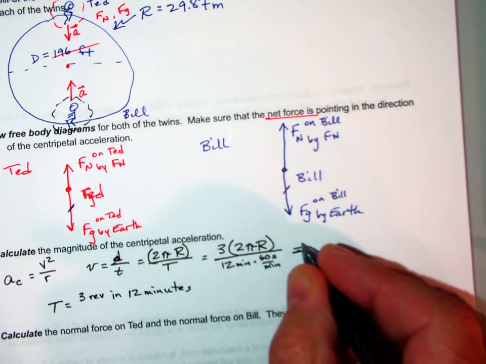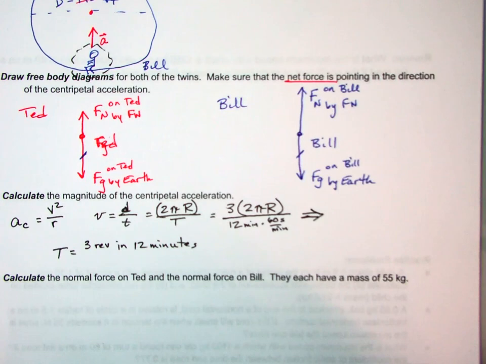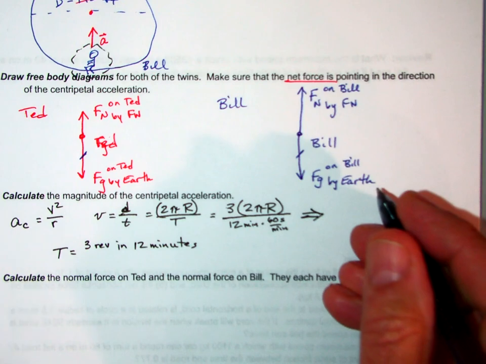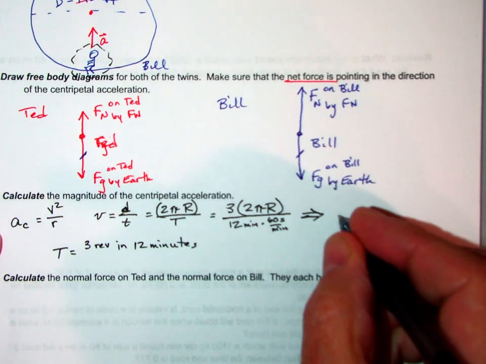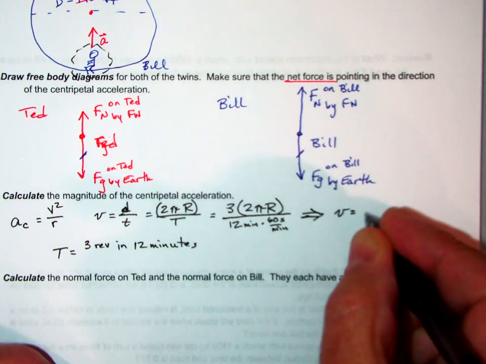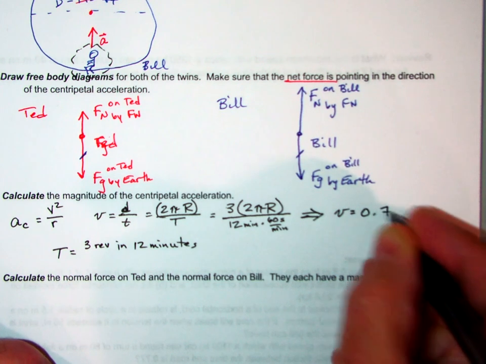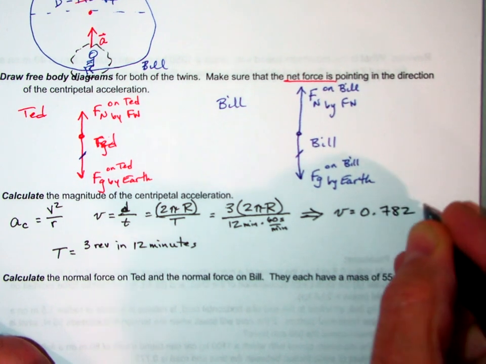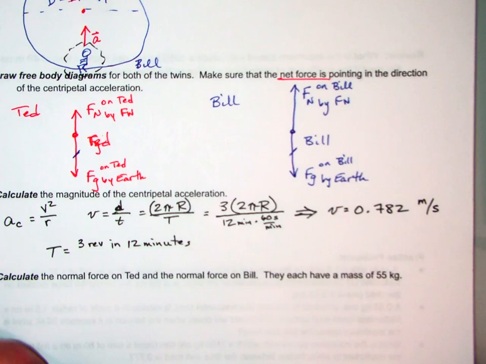And it then leads to the speed of the Ferris wheel of 0.782 meters per second.